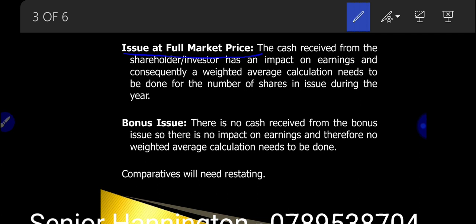Meaning that with the bonus issues, there is always need to restate the comparative, and you also have to adjust those number of shares. You adjust them to show that the bonus issue of shares took place at the earliest dates.